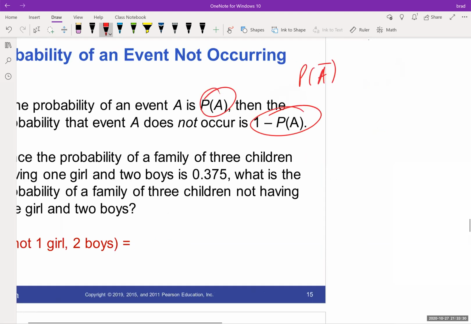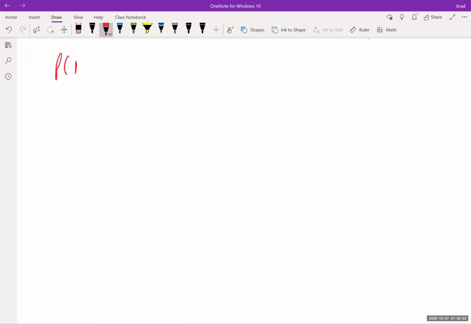So think about it like this. If I told you that the probability of raining tomorrow is 15%, oops, not 15%, 0.15. Let's say that's the probability of raining tomorrow. I could follow this up by asking, what is the probability of not raining?